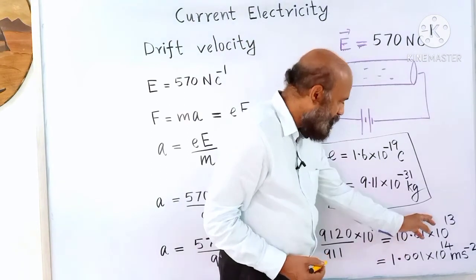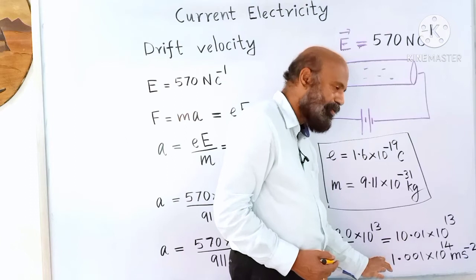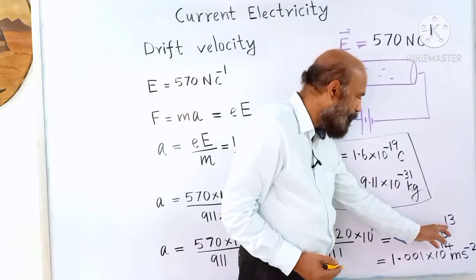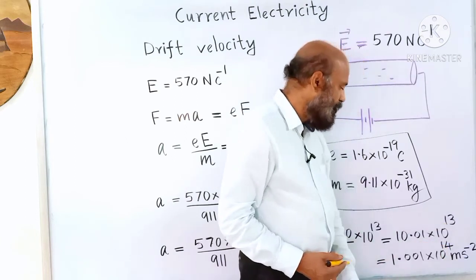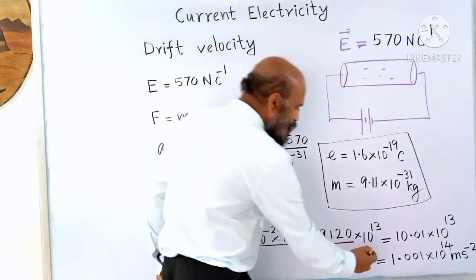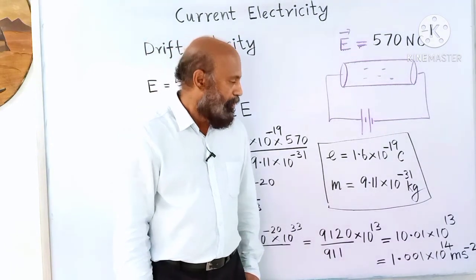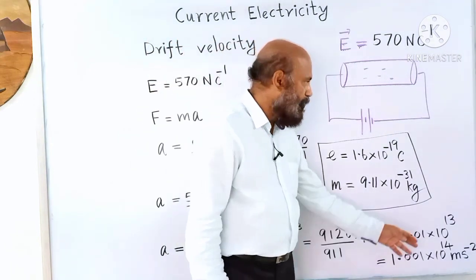To make it scientific notation, move the decimal point 1 digit this side, so the power 13 will become 14. So acceleration experienced by the electron is 1.001 into 10 raised to 14 meter per second square.